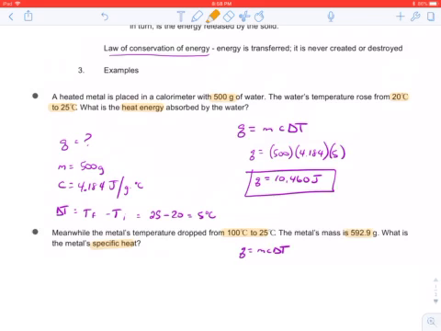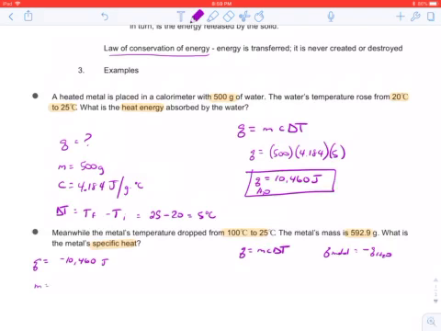At this point, what we need to know is that heat lost by the metal is absorbed by the water. So I'm going to write a little relationship right here: Q of metal is equal to negative Q of the water. If the water is 10,460, that means the metal is going to be negative 10,460 joules.